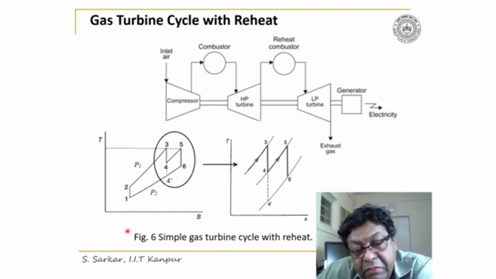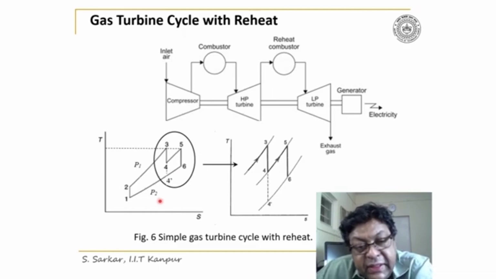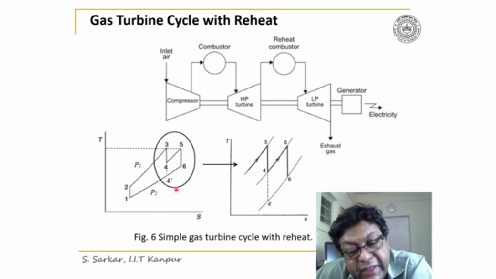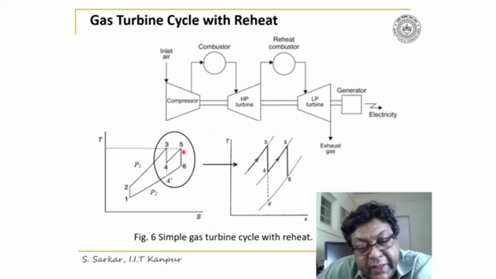Look here, after heating, the temperature of the cycle, T5, is considered here equal to T3, the maximum temperature of the cycle. So generally, it's heated like that, T5 is equal to T3.